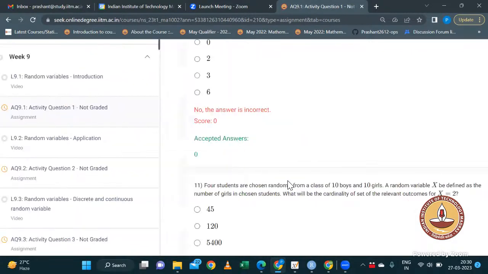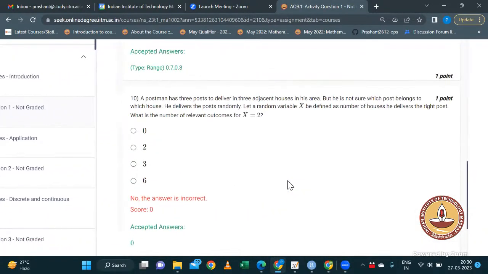Okay, so tell me why the answer of question number 10 is 0? The random variable x says the number of houses he delivers the right post to, right? Correct.